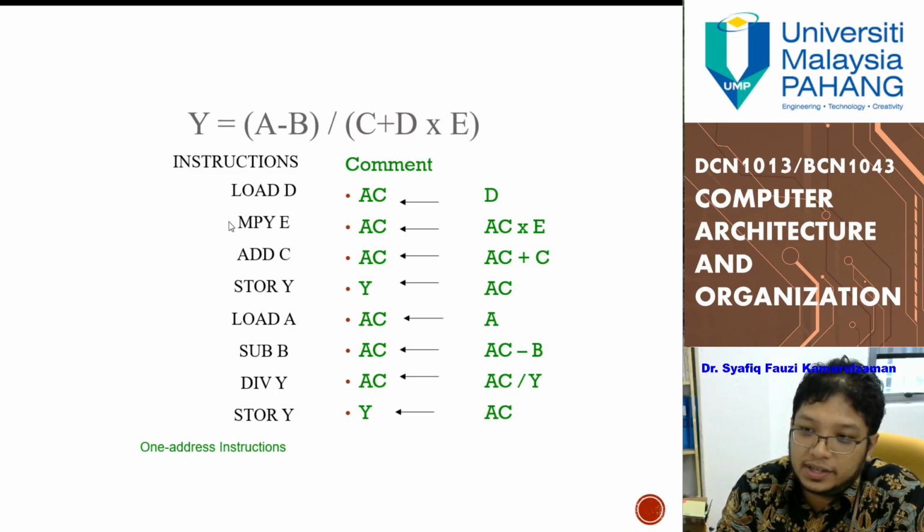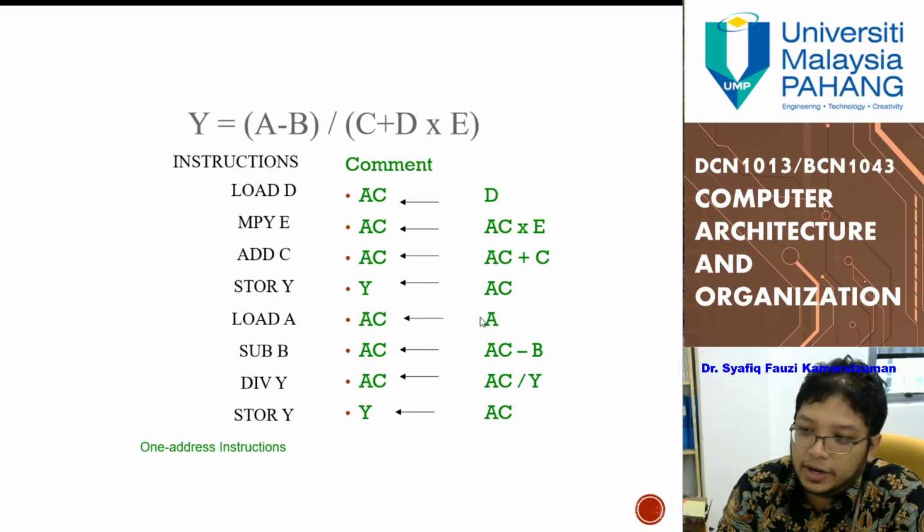And finally, this one is for the one instruction. So the code is here. Basically, load D into the accumulator, multiply with E inside the accumulator. So the accumulator now has D times E, and then add C to the accumulator. So now we have completed this instruction. Then you have to store it into Y first, because next we're going to do this instruction.